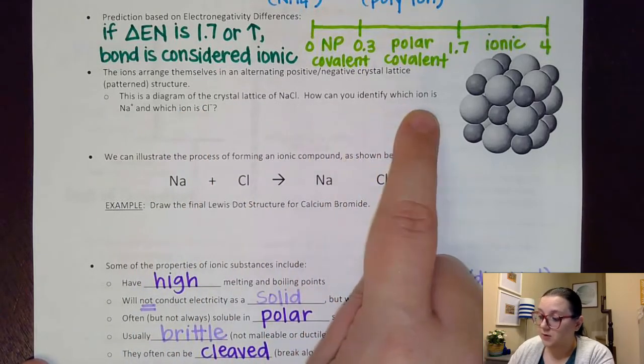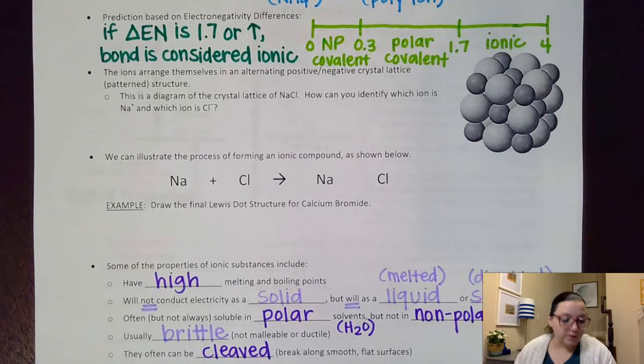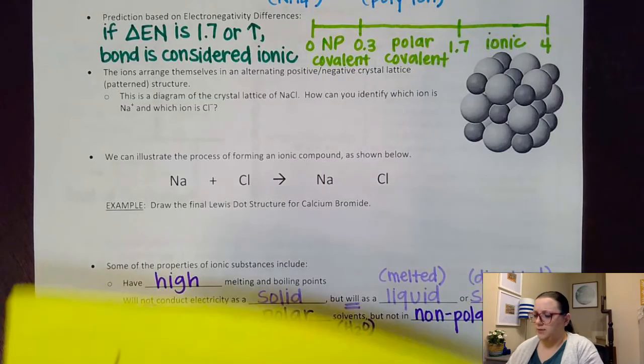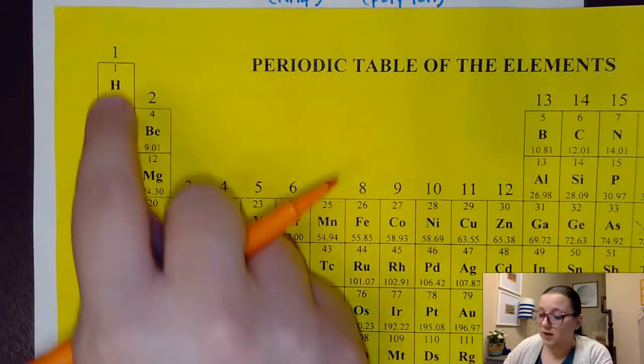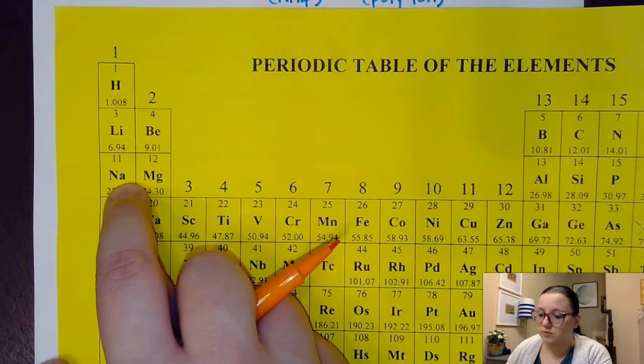How can you identify which ion is sodium and which ion is chlorine? Well, we have to think a little bit about what difference in radius we might see. The first thing I'm going to do is go find sodium and chlorine on my periodic table. I see that sodium as an atom would have 3 occupied energy levels.